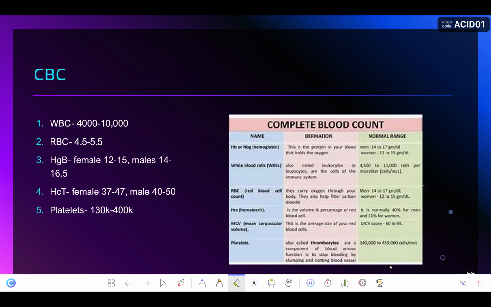Your complete blood count, known as a CBC, your white blood cell count should be between 4,000 and 10,000. RBC is 4.5 to 5.5. Your hemoglobin should be 12 to 15 in females and 14 to 16 and a half for males. Your hematocrit in females is 37 to 47, and in males is 40 to 50. Your platelets should be between 130,000 to 400,000.